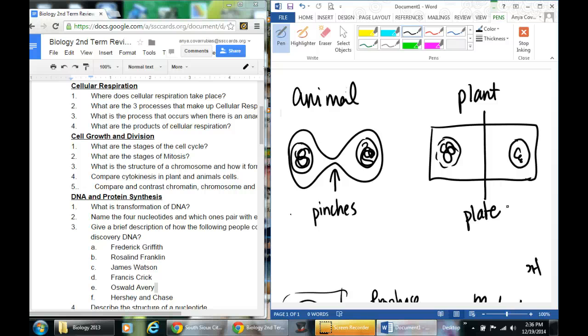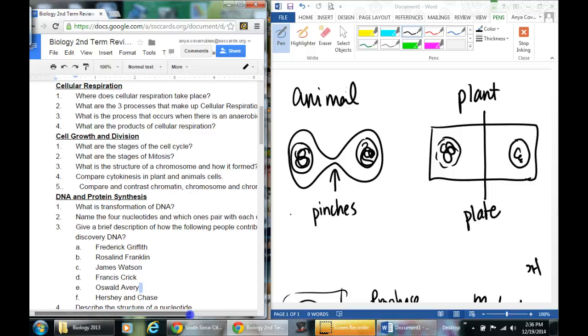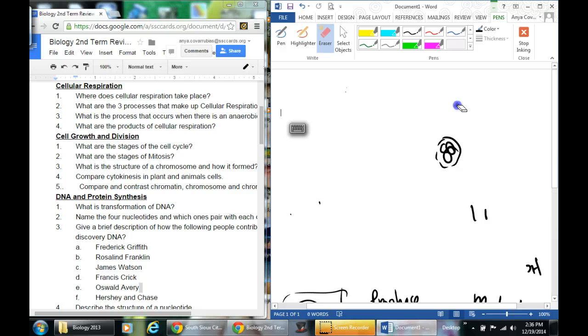Now, next thing it says is to compare and contrast chromatin, chromosomes, and chromatid. So I just erased that picture, but if we were going to review those, hopefully you would be able to tell me what those were. So chromatin, which one's first?